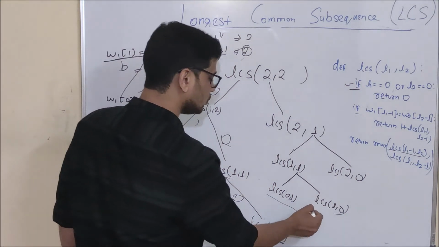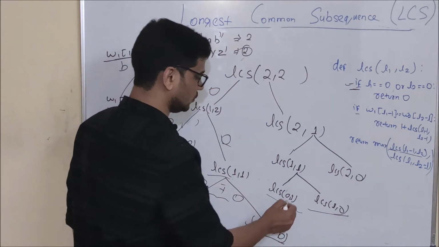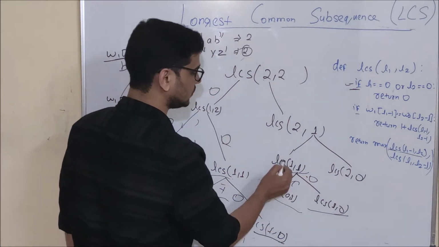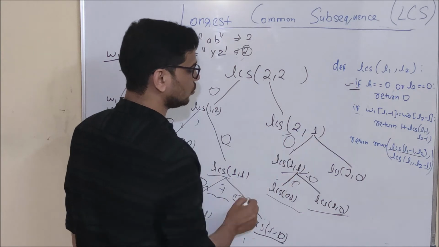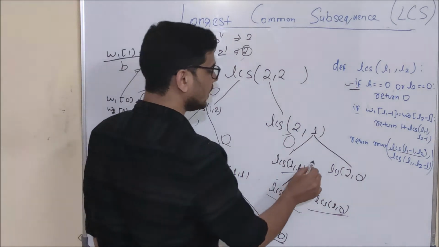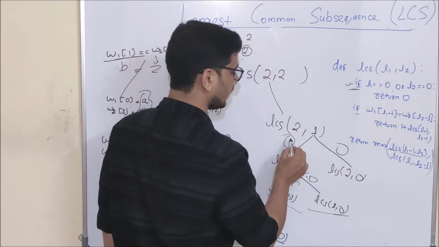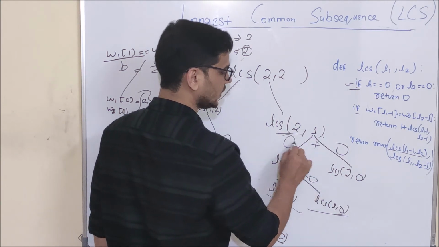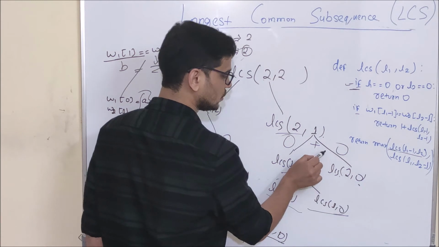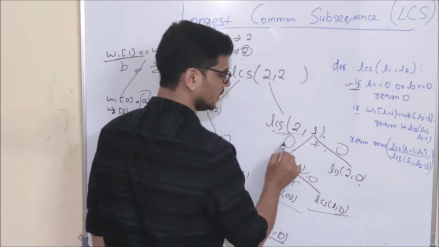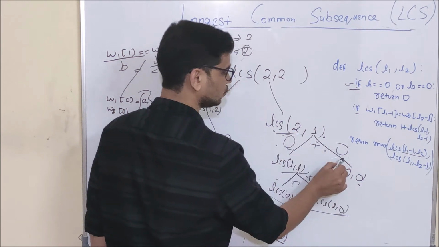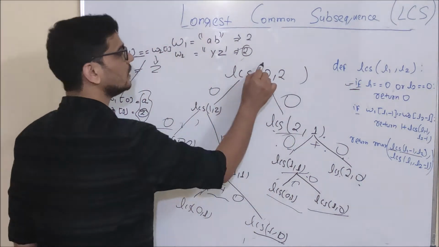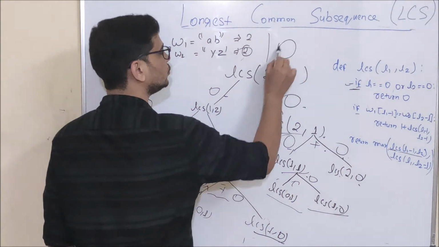So when LCS of 0 comma 1 and 1 comma 0 return 0, LCS of 1 comma 1 will return max of this, that is 0, and LCS of 2 comma 1 will return max of these two, that is 0, and then LCS of 2 comma 2 will return max of these two values, that is 0 only.